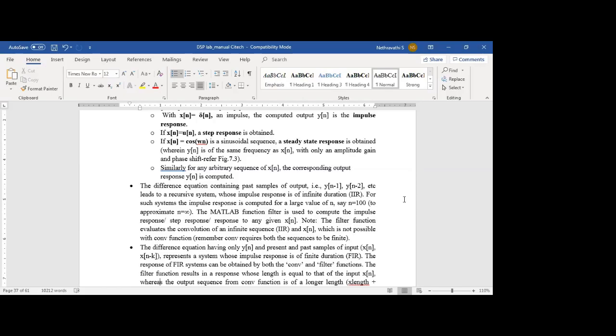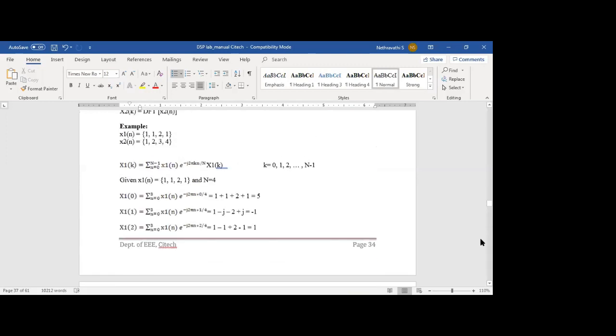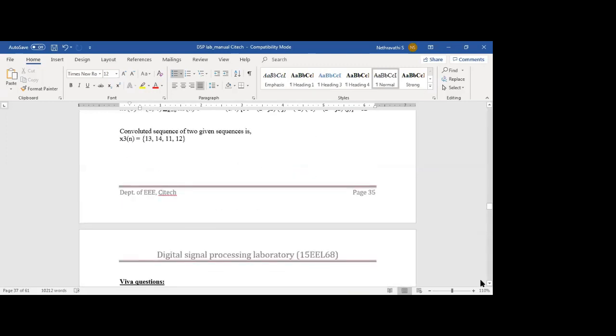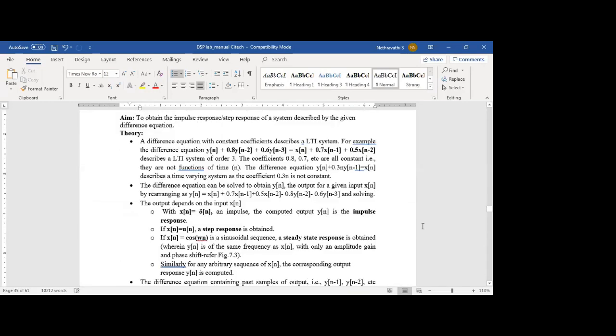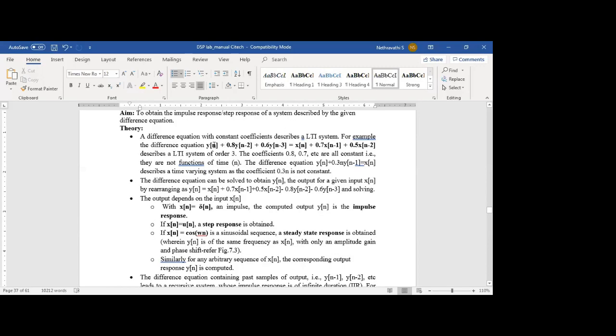In the earlier first expression, where we took the difference equation, y of n is there, y of n minus 2 is also there, and y of n minus 3 is also there.